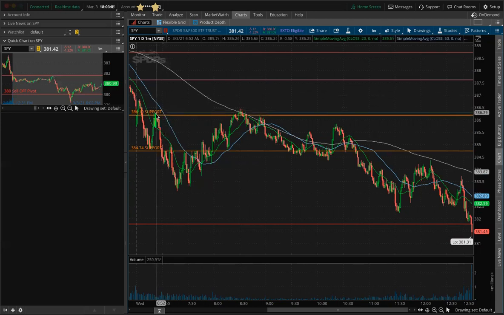You do 90 cent risk, but you try to get at least $1 plus. So if it's 386.10, 386.20, here 384.74, that's almost $1.50, right? So you're risking about 90 cents, but you're looking to gain about $1.50, right?